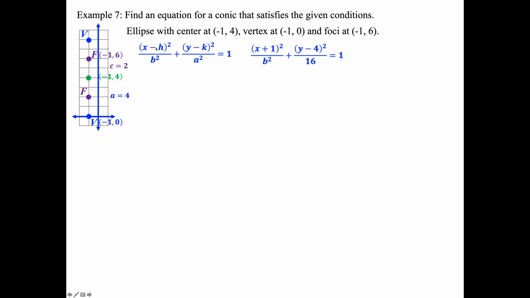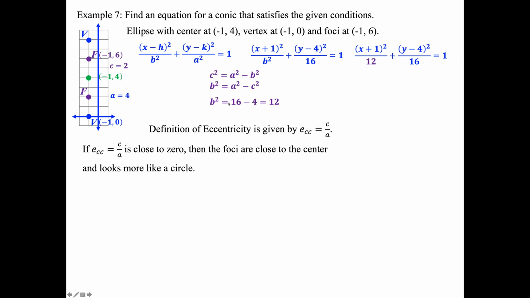And with the minus, the negative 1 changes that to a plus 1. So now let's go find b squared. So 16 minus 2 squared, which is 4, gives me 12 for my b squared, and we'll plug that right there. And there's my equation.